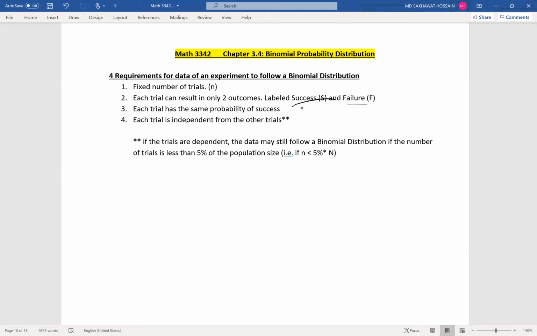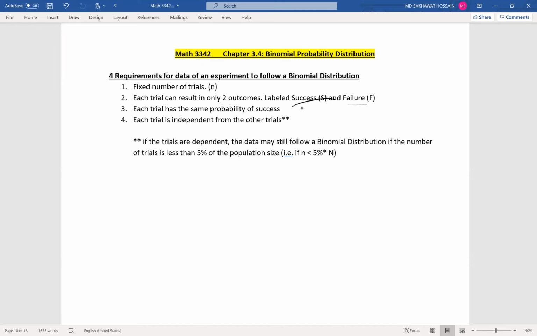In number 4, each trial is independent from the other trials. So the trials are independent. For example, if you toss a coin 10 times, each time you can have either of the two outcomes, head or tail. Getting an outcome in any trial doesn't depend on the outcomes in the prior tosses. That means each trial is independent.